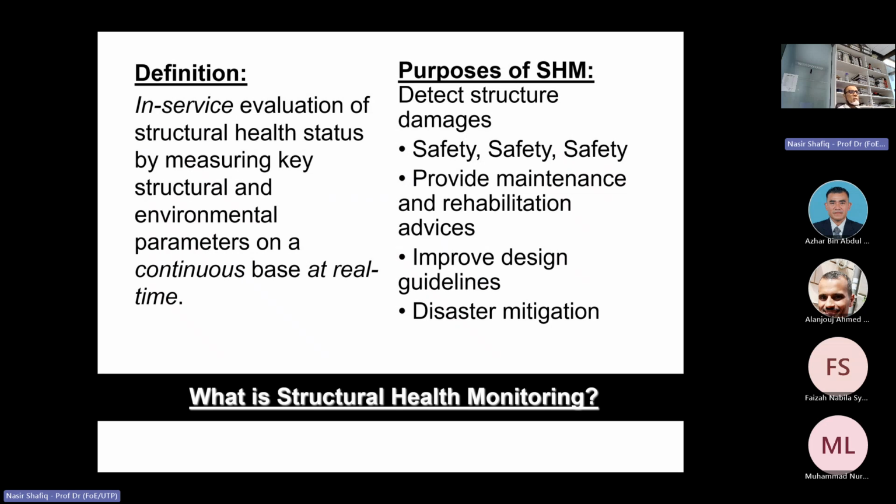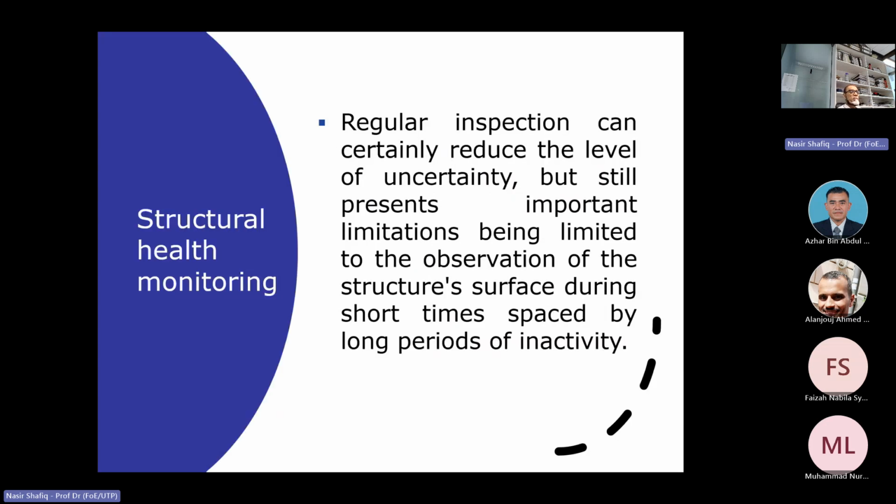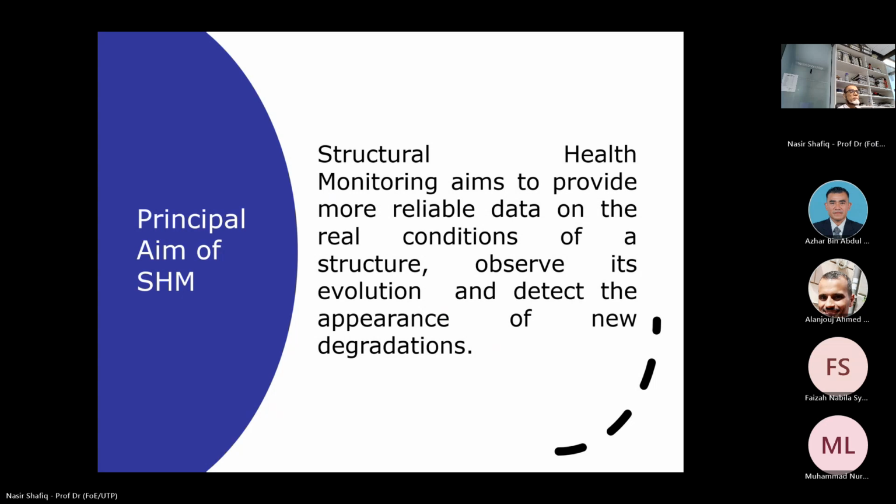So all these, to avoid, this structural health monitoring exercise is done. So regular inspection certainly reduces the level of uncertainty, but still presents important limitations, being limited to the observation of the structure surface during short times spaced by long periods of inactivity.